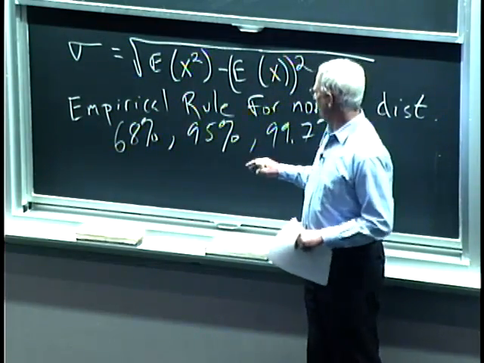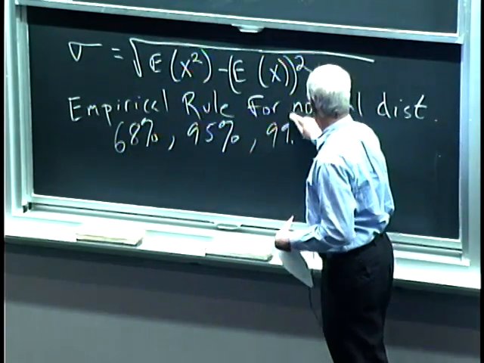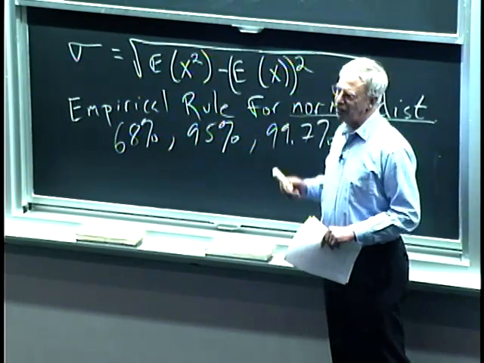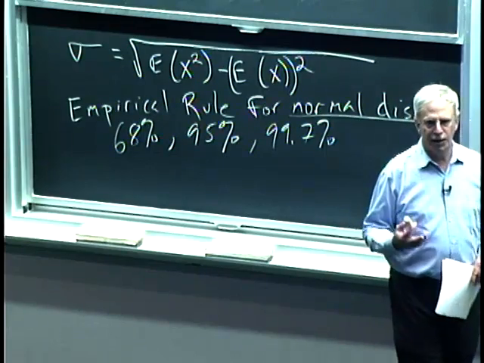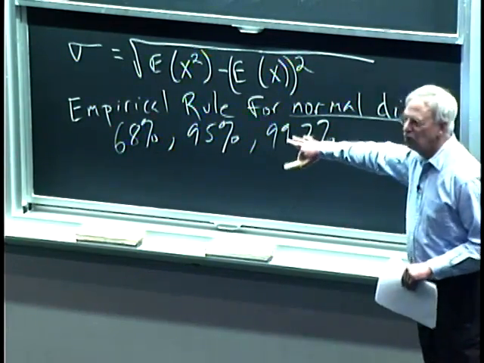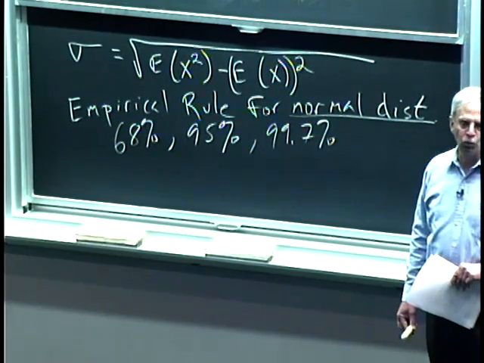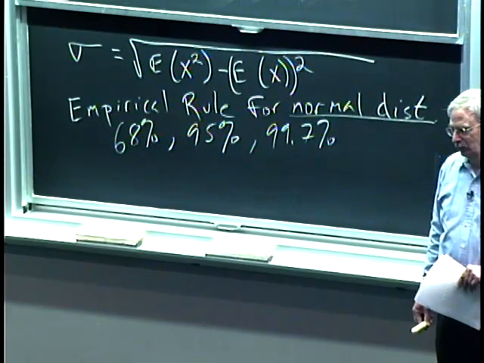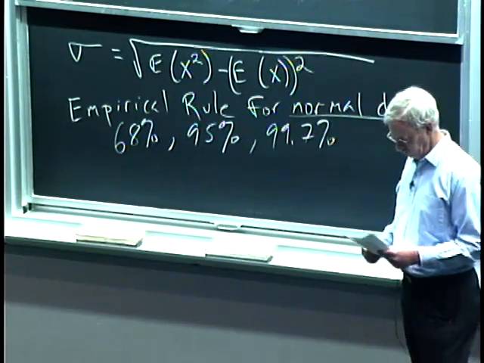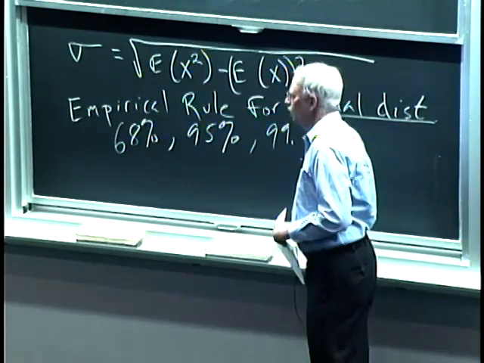And again, this applies only for a normal distribution. If you compute the standard deviation this way and apply it to something other than a normal distribution, there's no reason to expect that the empirical rule will hold. Okay?